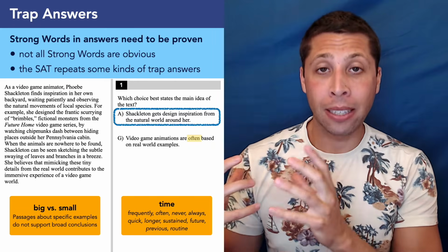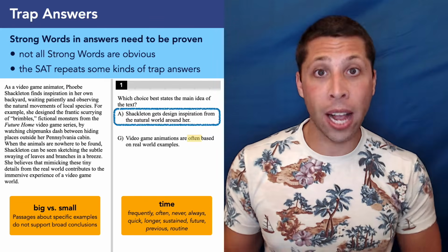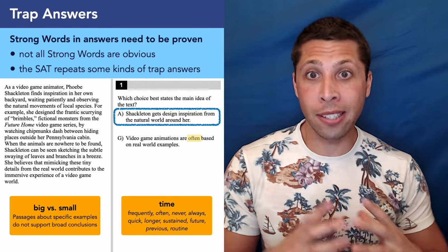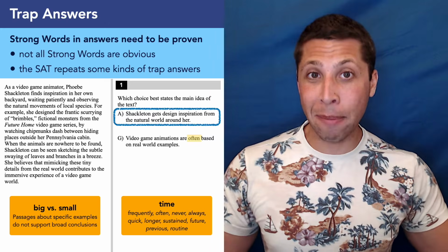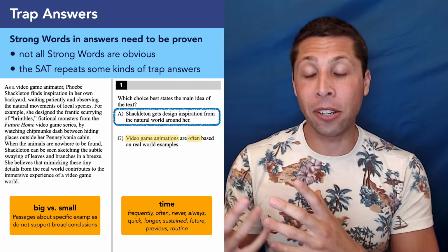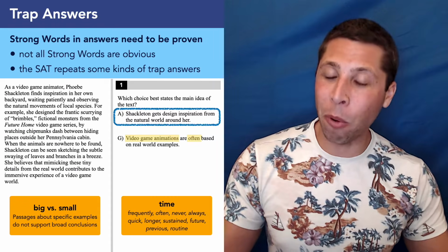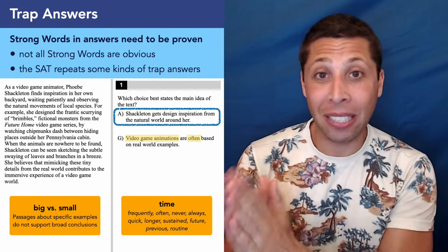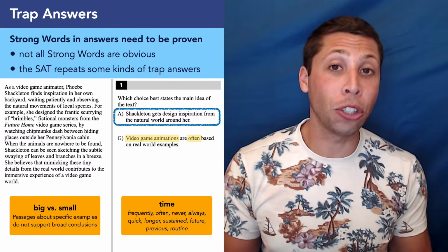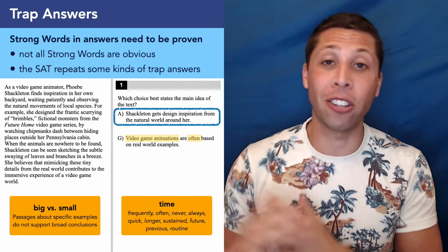This passage is about the specific example of Phoebe Shackleton and what she does as a video game designer. Choice G is about all video game animations, right? It's a much broader claim, and so it's going beyond what we're being told. We're not allowed to take a specific example and then make some sort of broad claim, broad conclusion about everything based on that one example.